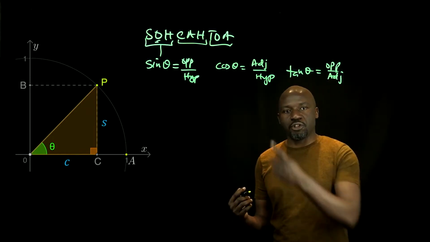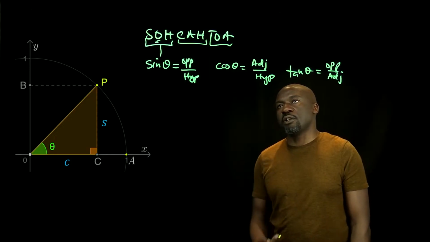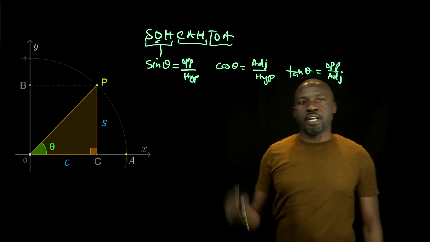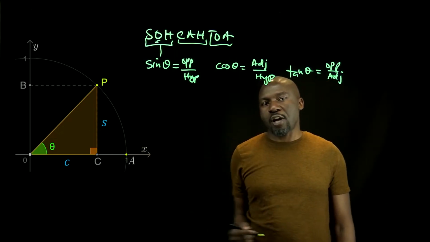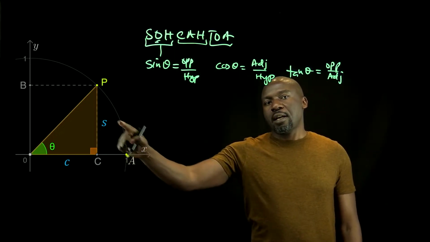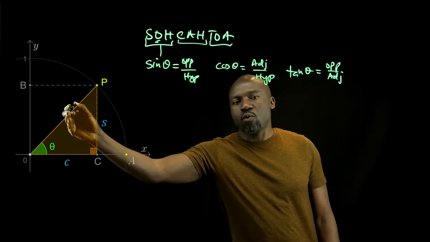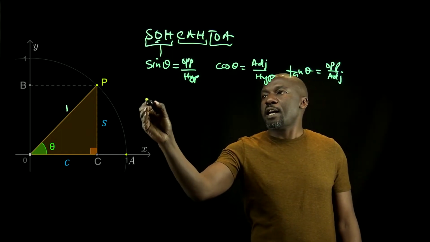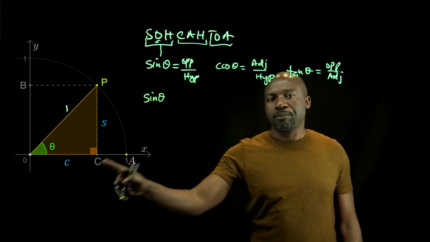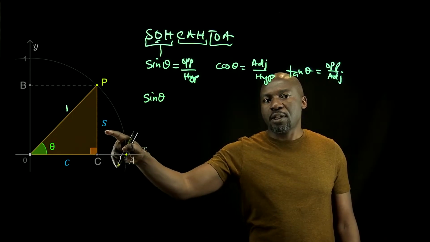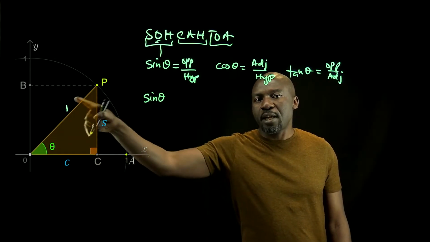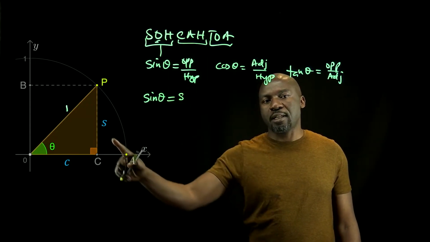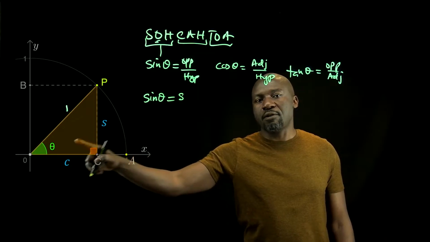We will not spend too much time on this. We use it right now just to define that height and the horizontal distance. Looking at these definitions with our right angle triangle there, remember this distance here is 1 because this is a unit circle. Therefore, sine of that angle theta is the opposite side to that angle divided by the hypotenuse. So it's basically S over 1, which is to say that this S is actually the sine of the angle.